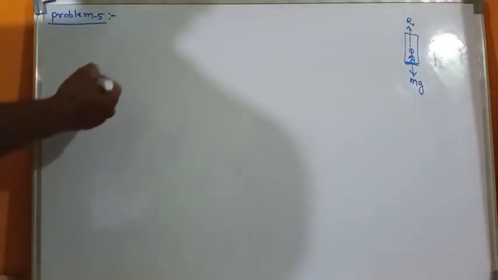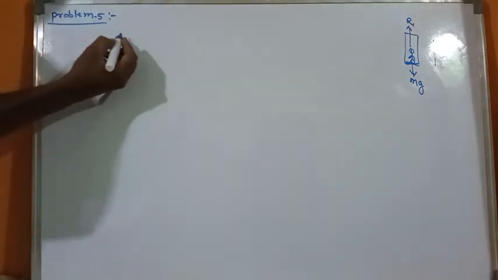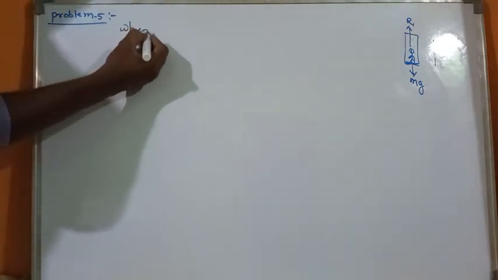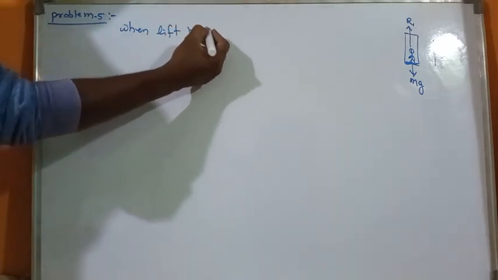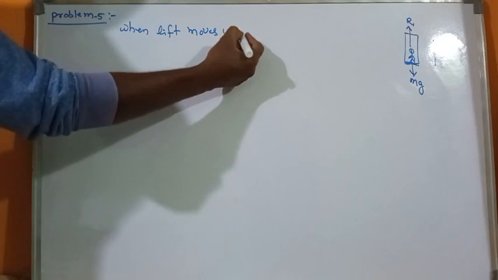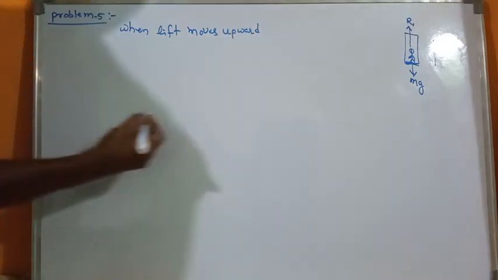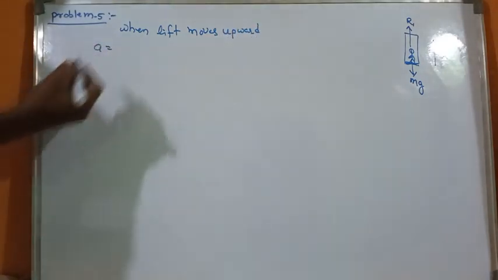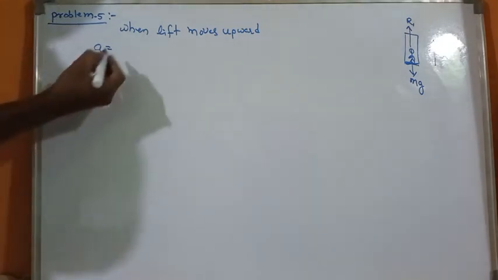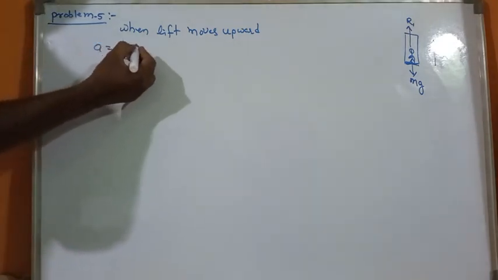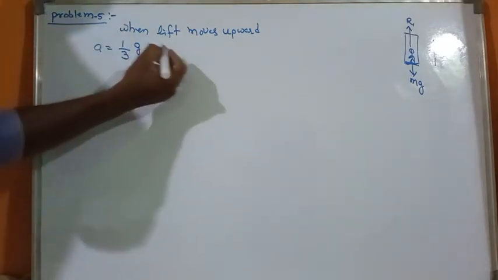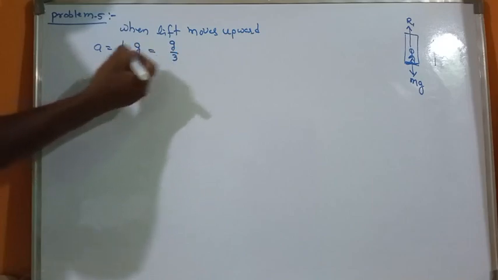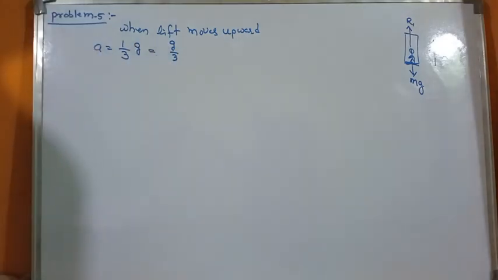So I am writing that when the lift moves upward, the acceleration is given here as 1 by third of the gravitational acceleration, that is g by 3. This is the acceleration of the lift when it is moving upward.